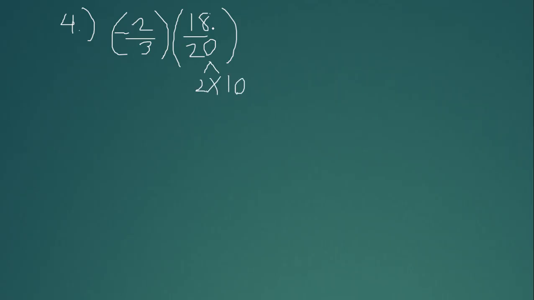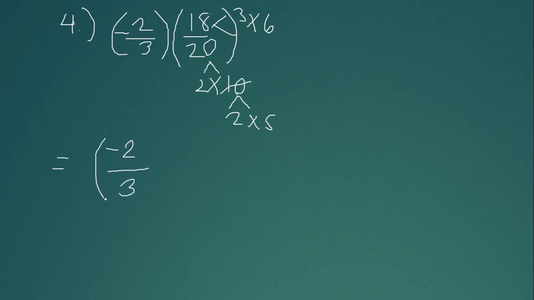Factor ng 18 is 3 times 6, right? May factor pa ang 10, becomes 2 times 5. So gawa na tayo ng bagong given na naka-factor form. Negative 2 and 3. Sa kabila naman ay we have 3 times 6. Dito naman sa baba ay we have 2 times 2 times 5.